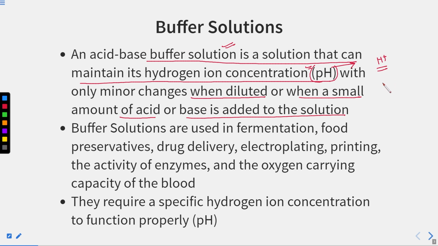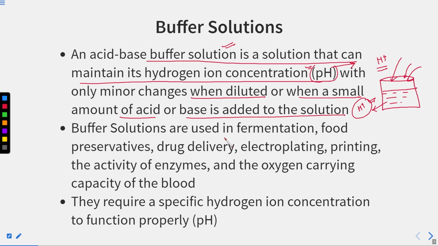Suppose this is a solution in a beaker, and it has some amount of hydrogen ion concentration. Now you add some acid, or some base, or some water to it, and the hydrogen ion concentration is going to change. So there is a change in the solution.